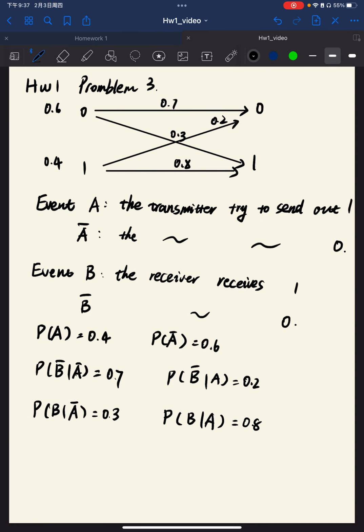We know all these probabilities, and we know the definition of the conditional probability: the probability of event A given B is equal to the probability of the intersection of A and B divided by the probability of event B. So now we can try to solve the problems.